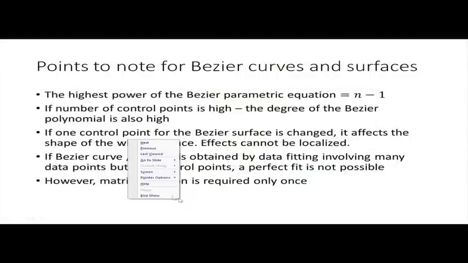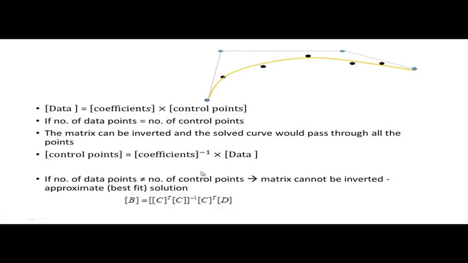So, what we do is we solve it in this manner, that is, we multiply the transpose of the Gaussian matrix on both sides. After that, it can be inverted, and after that we get the solution of the control points as the least square fit. Okay. So, this is about curve fitting with Bezier curves.